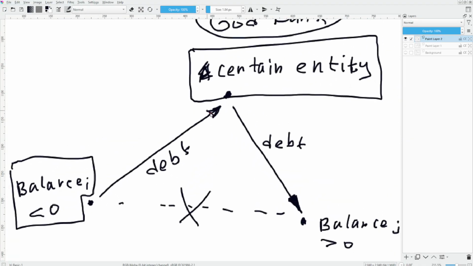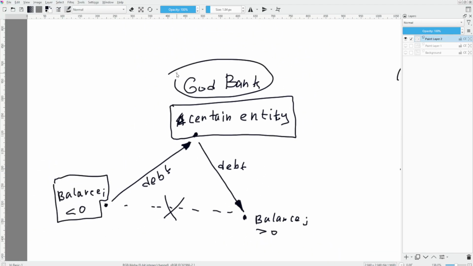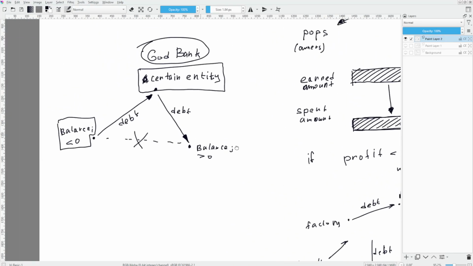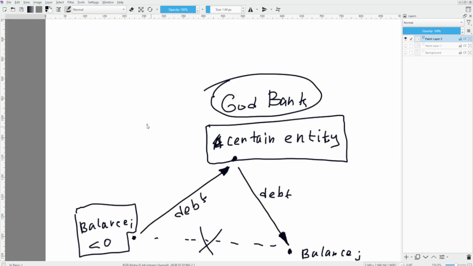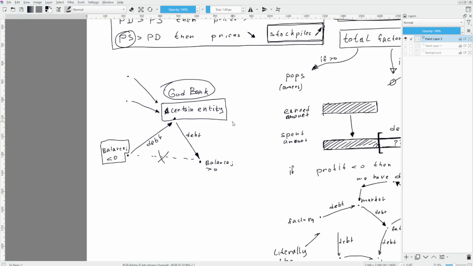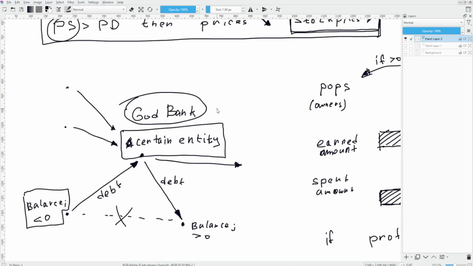So instead, we are tracking money as a debt toward or from the God bank, essentially resolving all these chains into a simple graph, which has agents which are indebted to the God bank and, on the opposite side, agents which have some money they got from the God bank. The God bank is indebted to them.